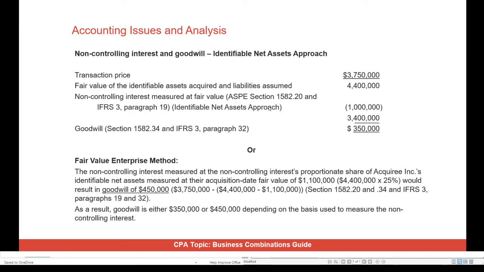And if you were to replace the 1 million with 1.1, that makes the goodwill 450,000. So you can see there's a $100,000 difference between the type of measure or the policy for the non-controlling interest. And so this is what you want to make sure you discuss and demonstrate between the two differences in your case analysis if and when you are presented with it.